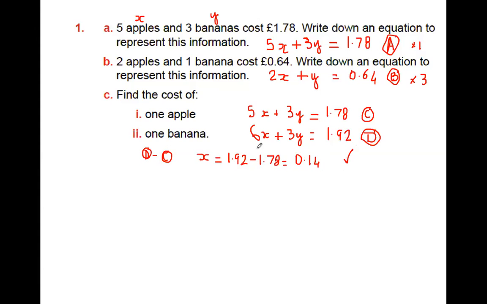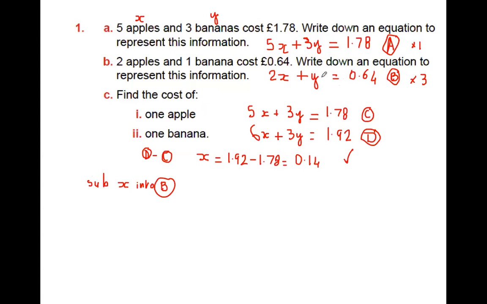Now that I've got the price of an apple, I'm going to sub it into B because I've got y on its own. As you can see, I'm always looking for the solution that is the easiest for me. Sub x into B, because I'm looking for y, I don't have to divide after.